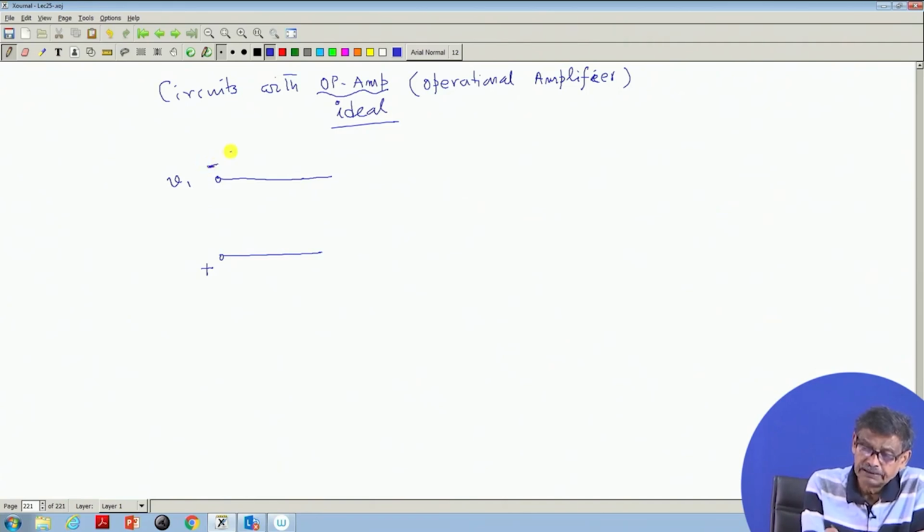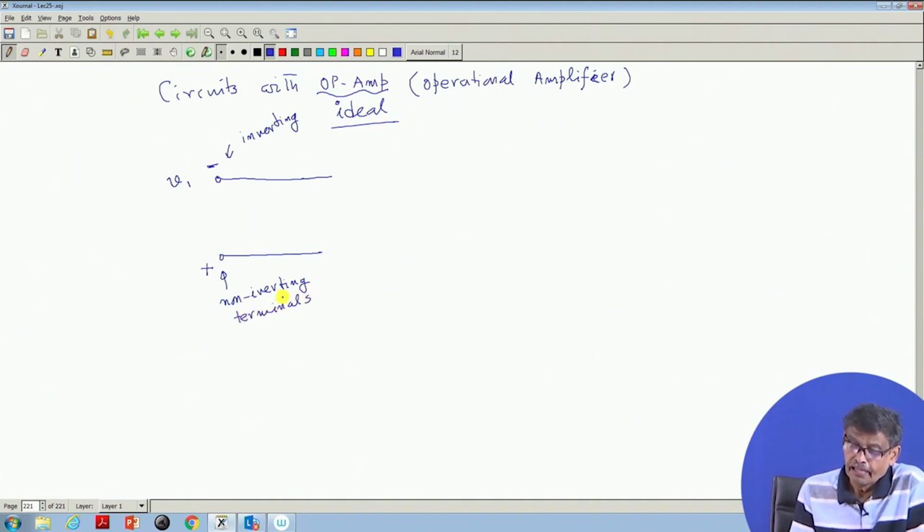This is called the inverting terminal, and this is the non-inverting terminal. And to this it has an input impedance connected to the source.